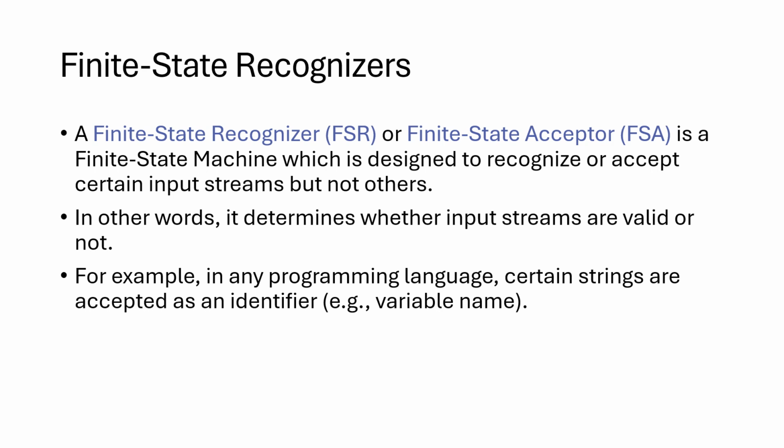And it is possible to design a finite state recognizer that reads a potential name for a variable, and depending on the programming language and the rules that your programming language has, decides whether that string is an acceptable name or not. So it's all about accepting or rejecting, and that's the only outcome that finite state recognizers generate.